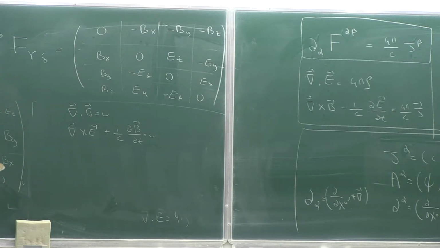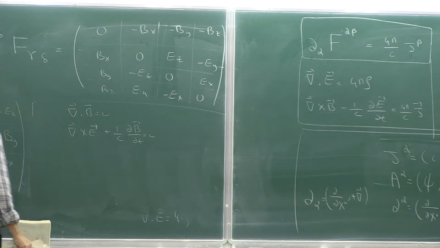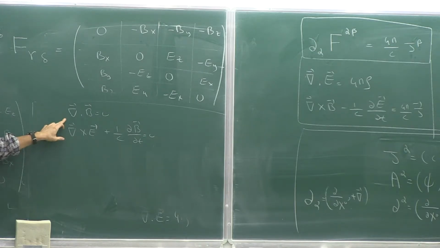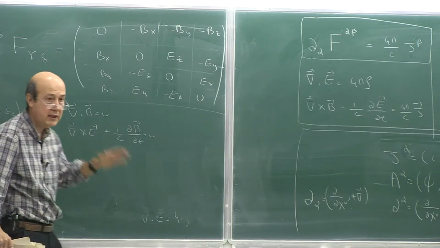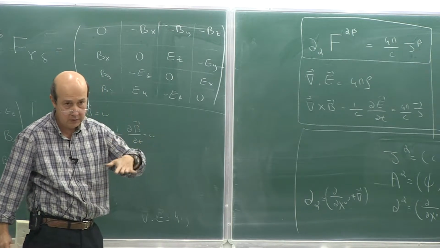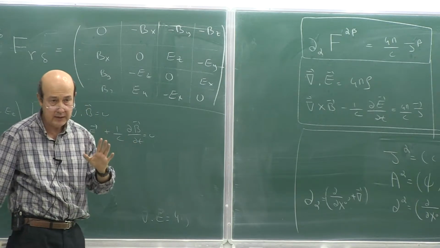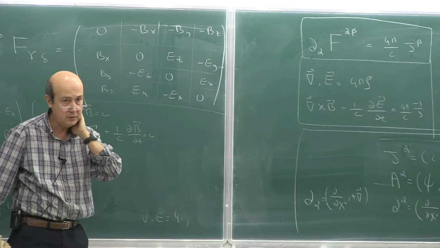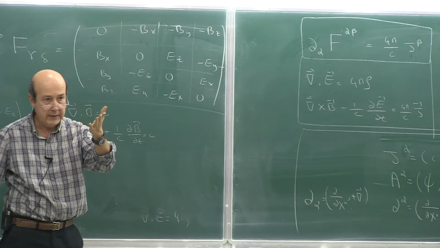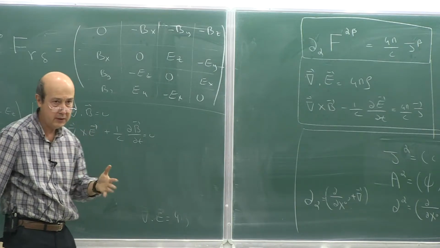No sources here. And again, we will come to this. This field strength tensor is constructed with the help of these two, because these two tell us that the magnetic field is equal to curl of A, this one, and the other one tells us that the electric field is equal to minus del vector potential over del t minus gradient of the scalar potential. Okay?